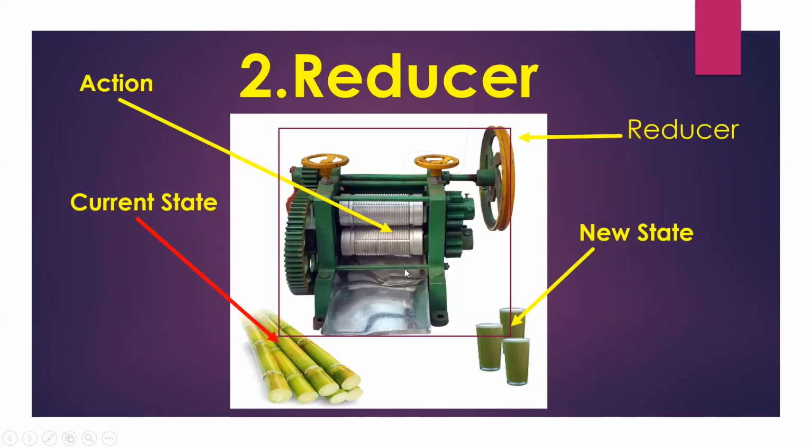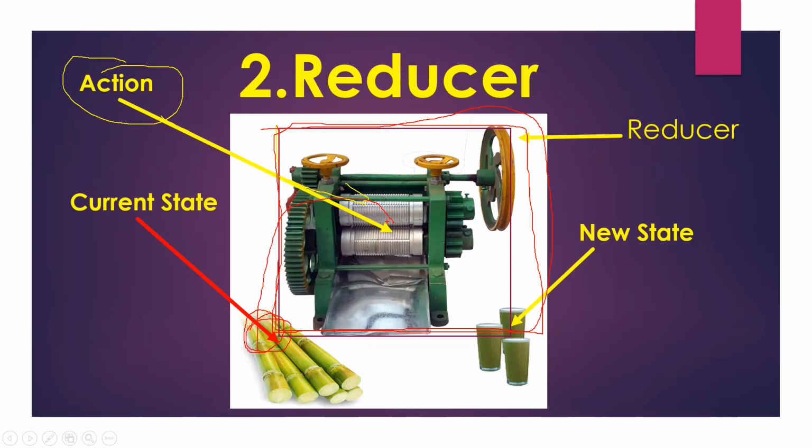Now let's once again understand this through this illustration. This is the action right here, and this whole machine is the reducer. Its task is to transform these sugarcane sticks into juice, right? This is the current state of the juice.